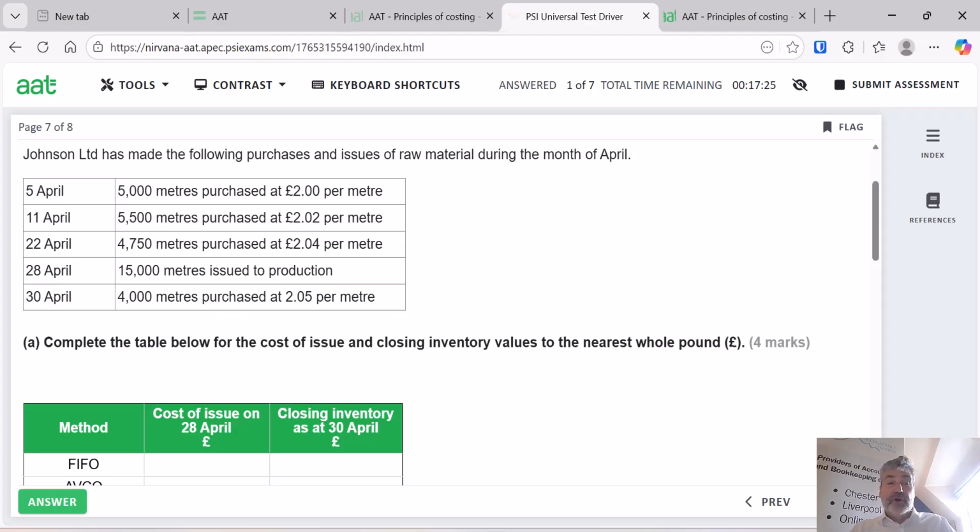So far we've drawn 10,500 metres and it has cost us a total of £21,110.